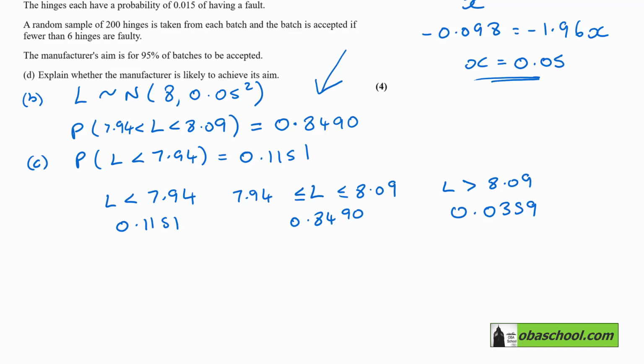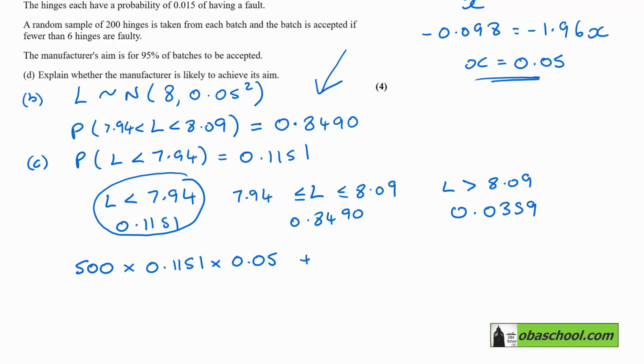So we have 500 rods produced. If we multiply that by 0.1151, we should get the number of rods that are in this category. And we know that those are sold for scrap for 5p.